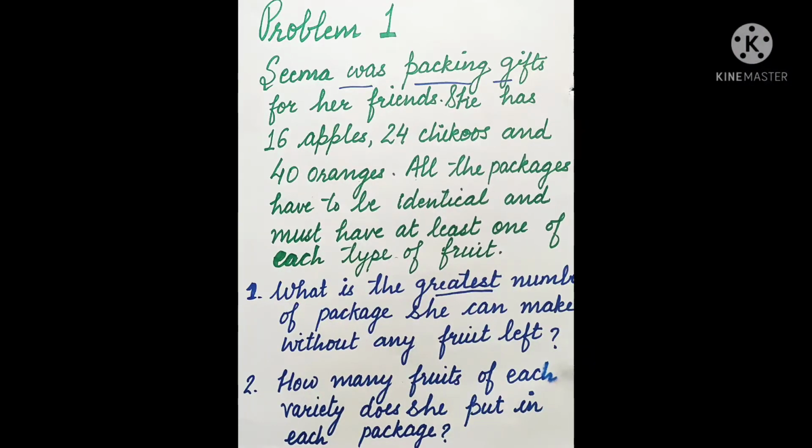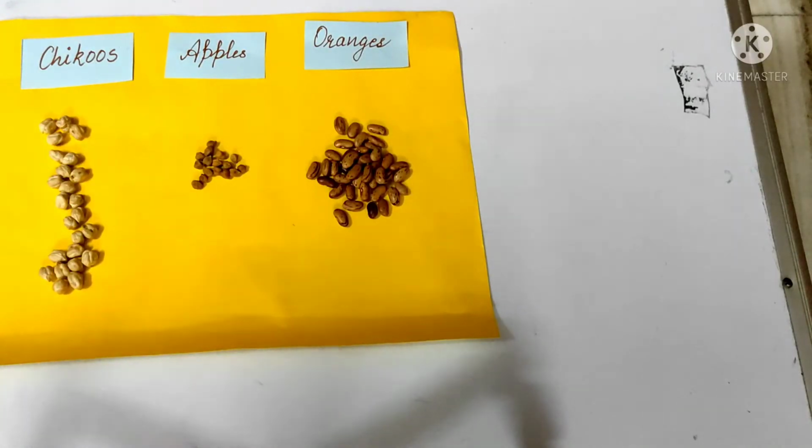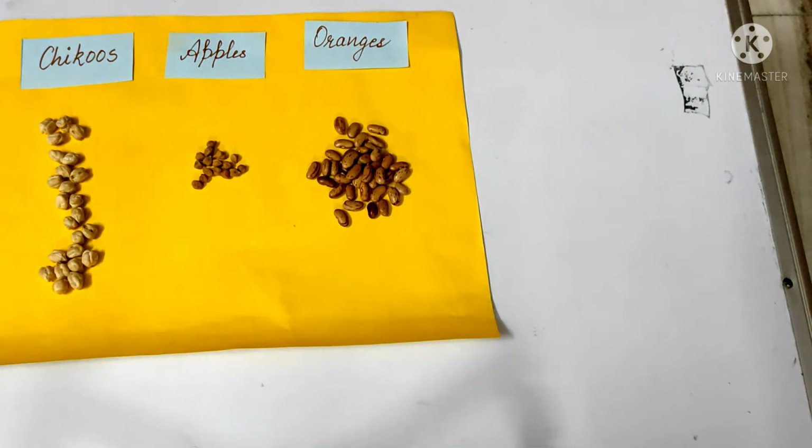So students, you can see there is grouping of things and also the word greatest came in the question. So we need to find out the HCF of the numbers. So let us start. We'll do one activity. In order to solve this problem, I have represented oranges with the help of rajma beans, and different pulses I have taken to represent apples and chikus.